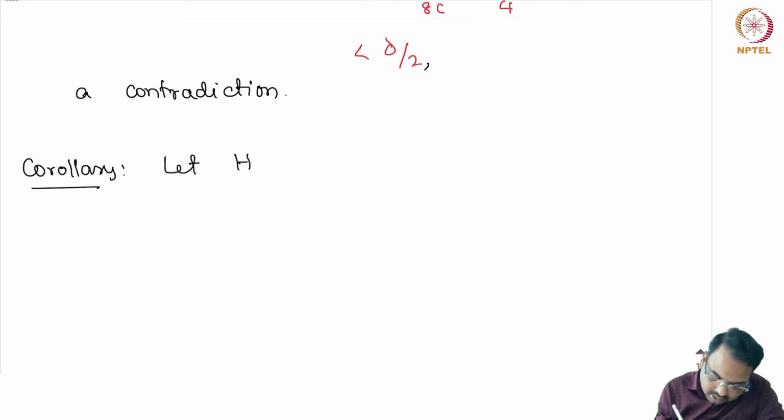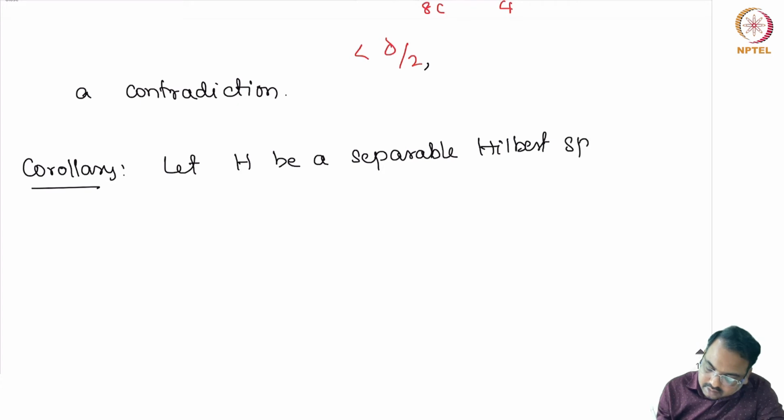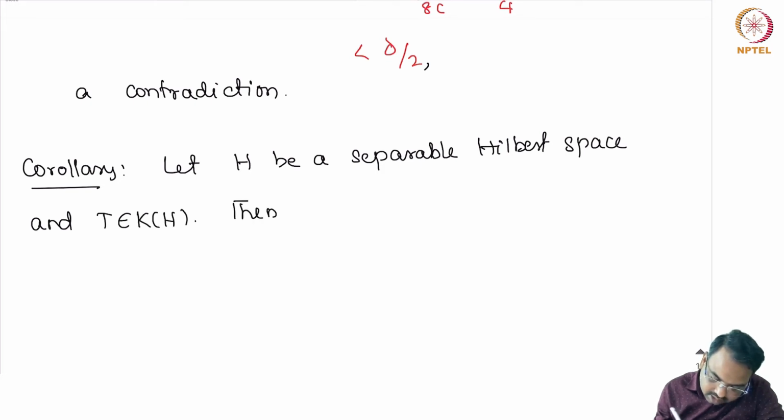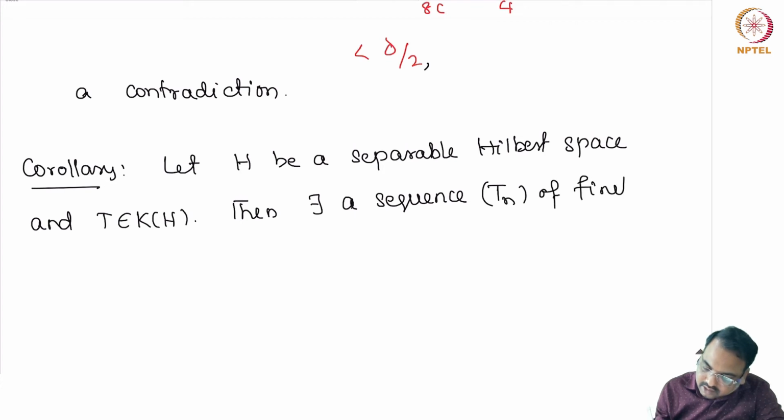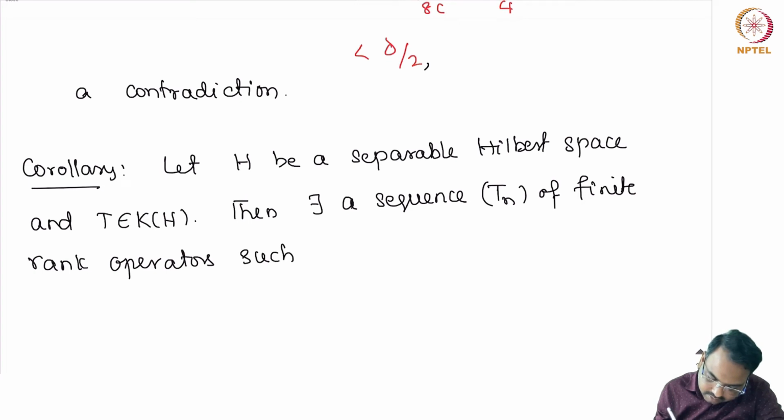Let H be a separable Hilbert space and T be a compact operator. Then there exists a sequence Tn of finite rank operators such that Tn converges to T in the operator norm.